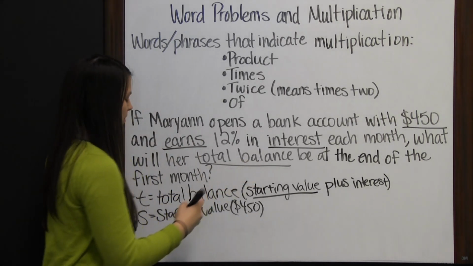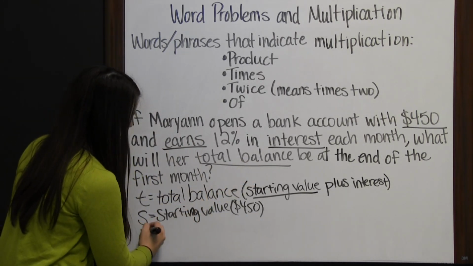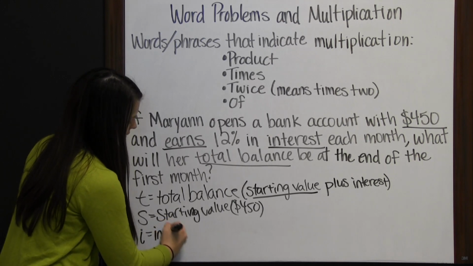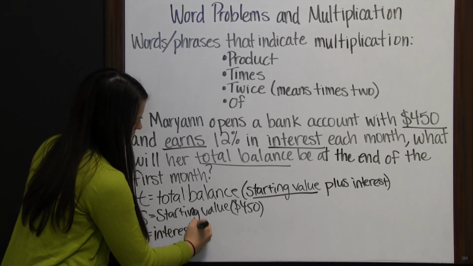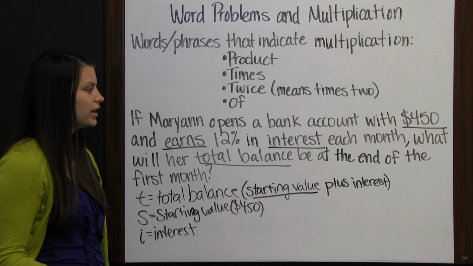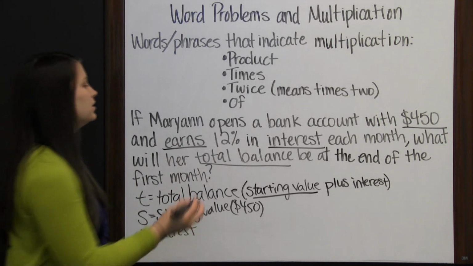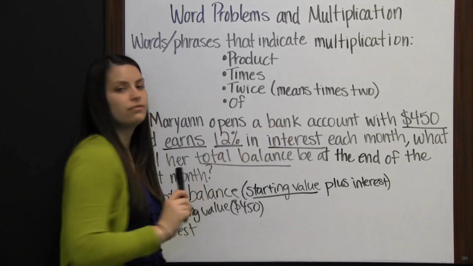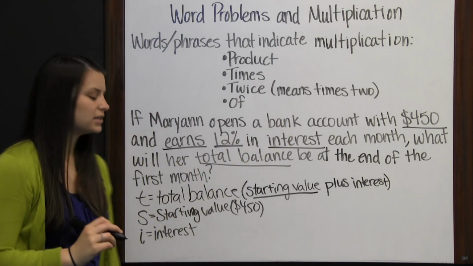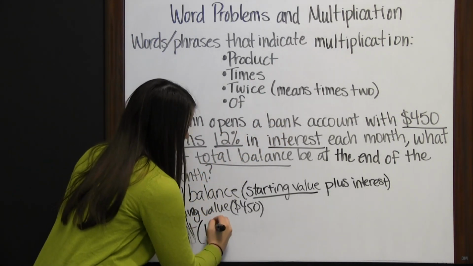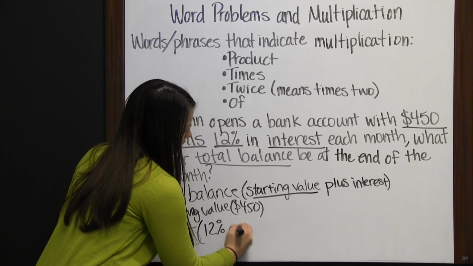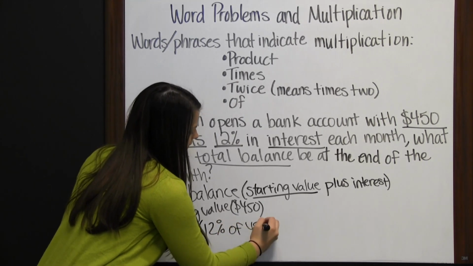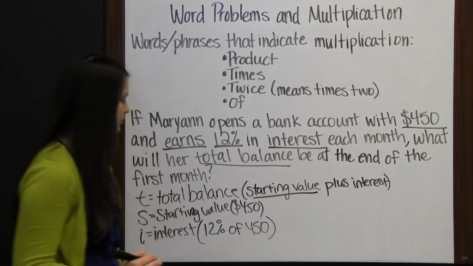And I also have to know my interest. So we'll use I for interest. And interest is going to be found by doing 12% of the amount of money she has in her account. So we're going to do 12% of $450.